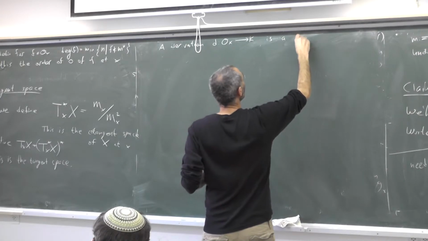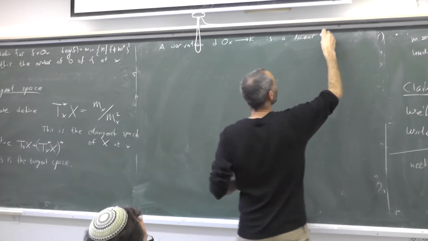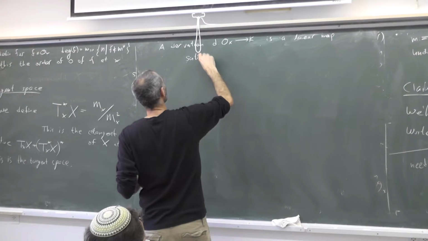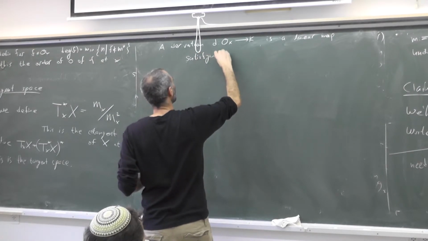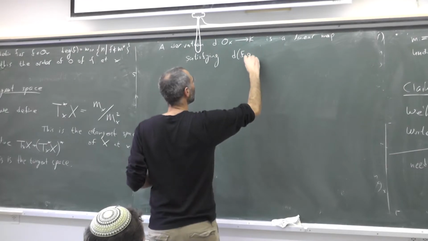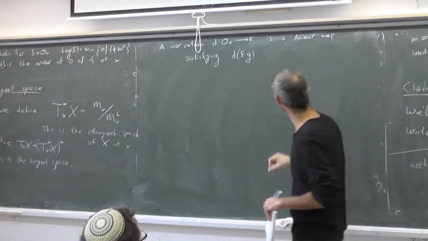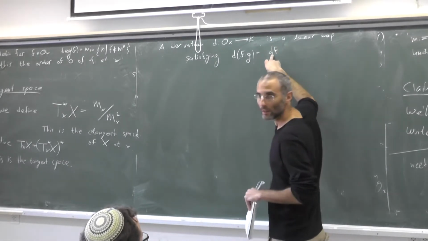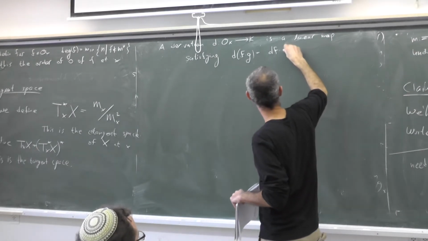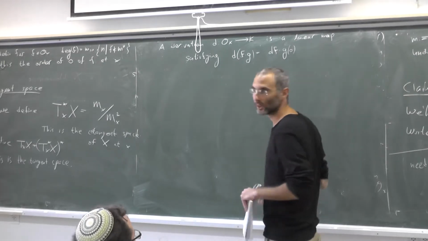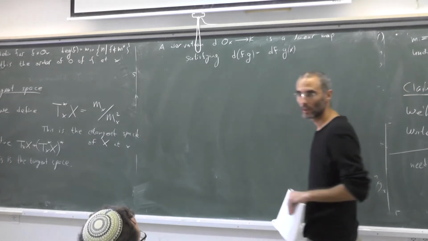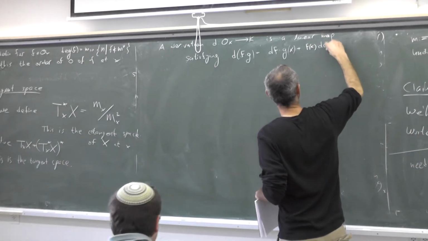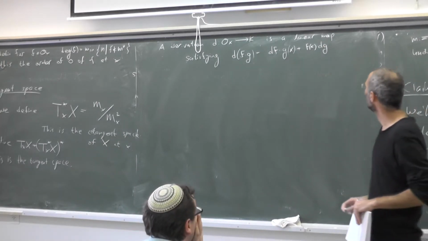is a linear map, or linear functional, satisfying: if I have two functions, f and g, two germs, then D of fg is, usually, D of f is a scalar, times g at x, plus f at x times D of g.